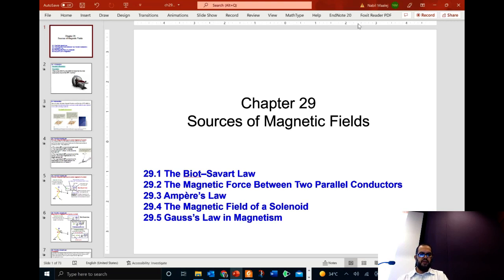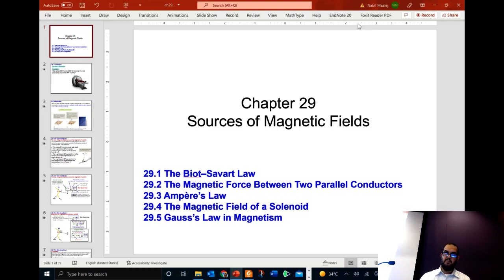We will speak about the Biot-Savart law, which tells us how we can determine the magnetic field that is caused by a current flowing through a wire. We will speak about the magnetic force between two parallel conductors conducting currents either in the same direction or in opposite directions.